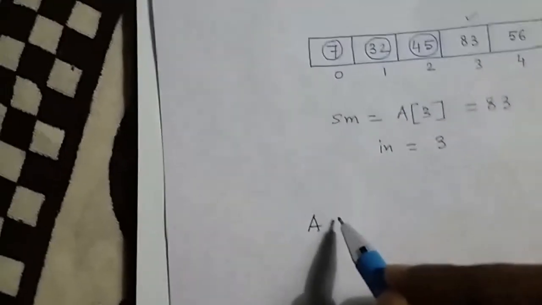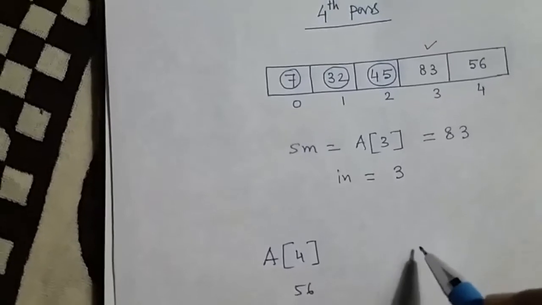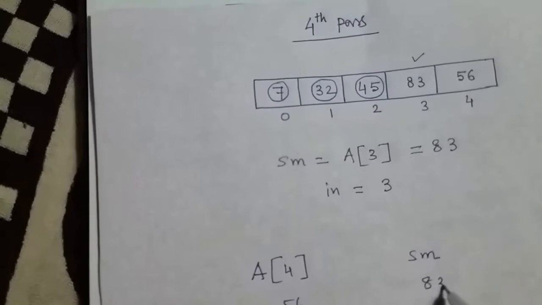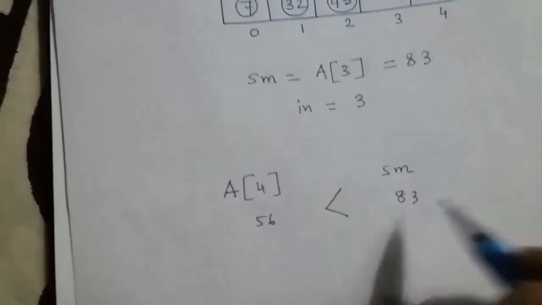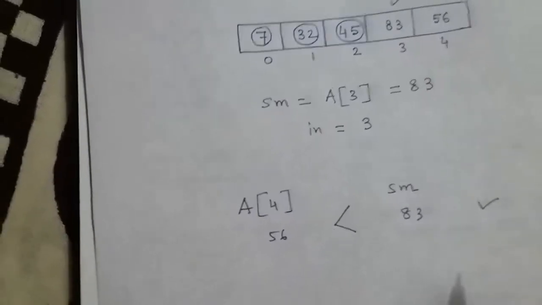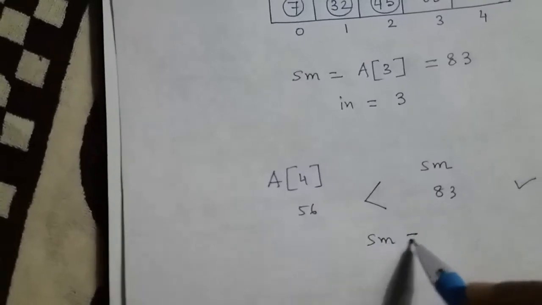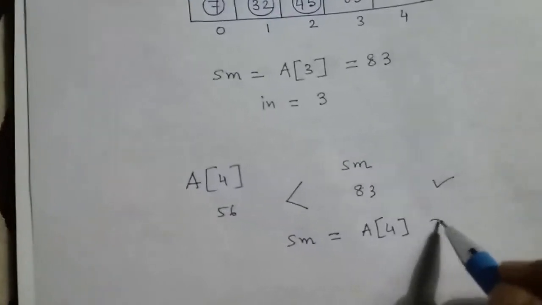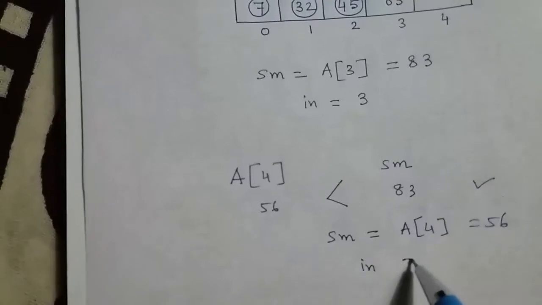So a of 4, which is 56, will be compared with the sm, which is 83. So the relation 56 is smaller than 83. Condition is satisfied. So the value of sm will be changed. So sm is now a of 4, meaning 56, and the index will be now 4.